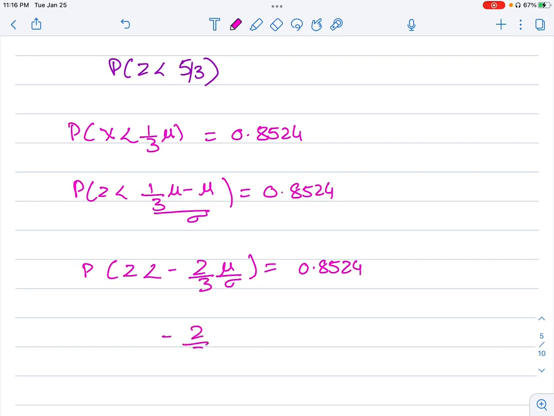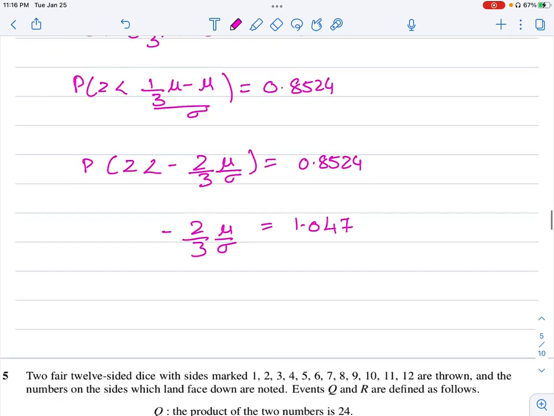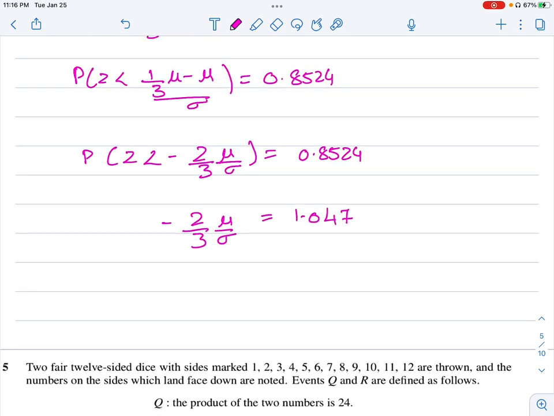From the table, this value will be 1.047. Making mu the subject, we get minus 1.047 times 3 upon 2 sigma, which is going to be minus 1.57 sigma. That's going to be the answer.